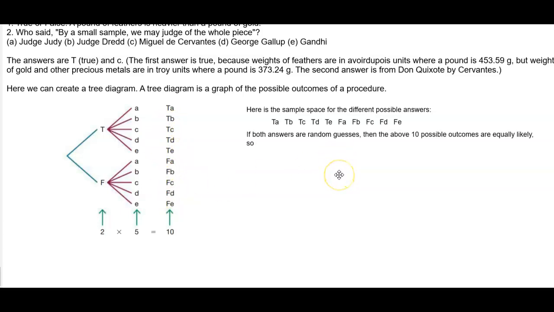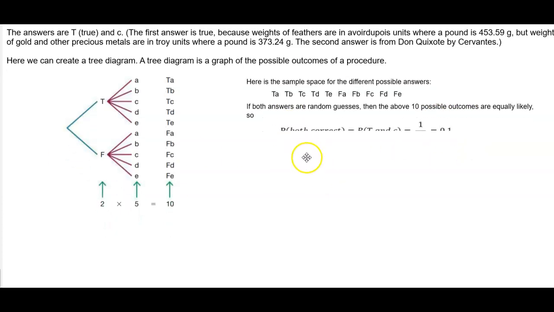Now, if both answers are random guesses, then the above 10 possible outcomes are equally likely. So we would say that the probability that they're both correct is equal to the probability that you get the value of true and C, which is only one option, 1 out of 10, which is 0.1.